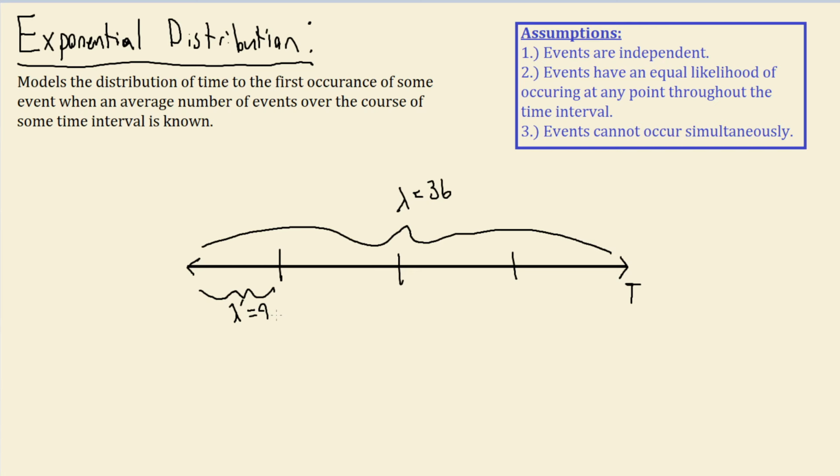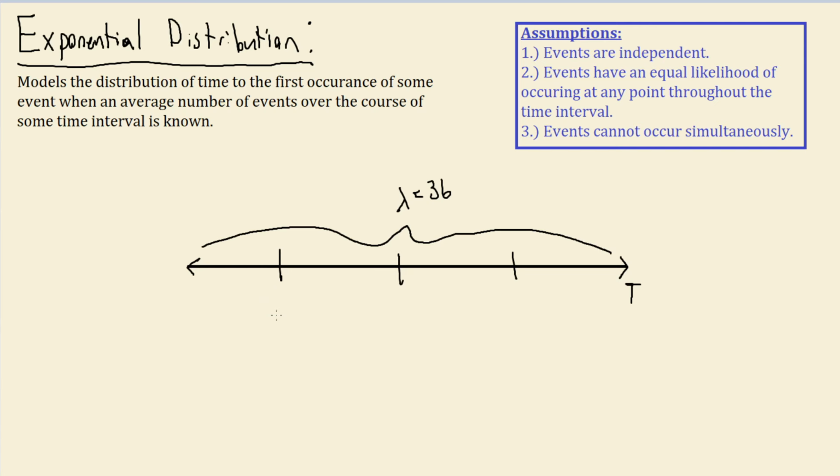If we're expecting 9 events to occur in this subinterval, then you can imagine there's a probability that no events occur, a probability that 1 event occurs, that 2, that 3, that 4, that 9, that 10, all these different possibilities of different numbers of events that can occur in any one of these subintervals. This isn't good. This is essentially our starting point.